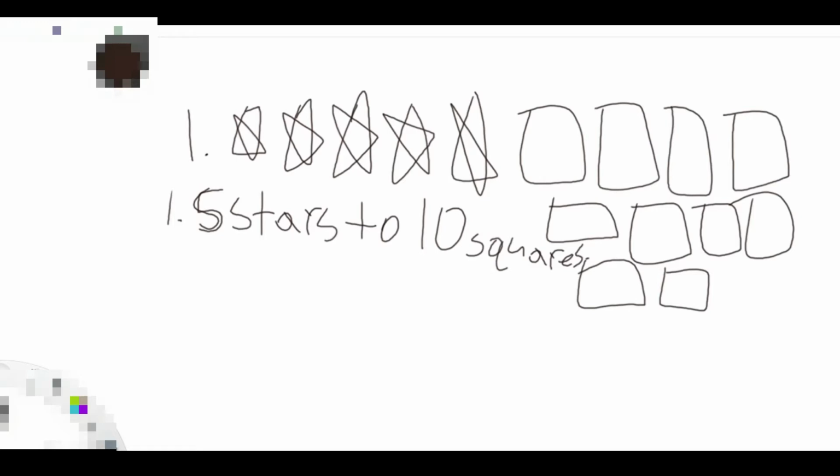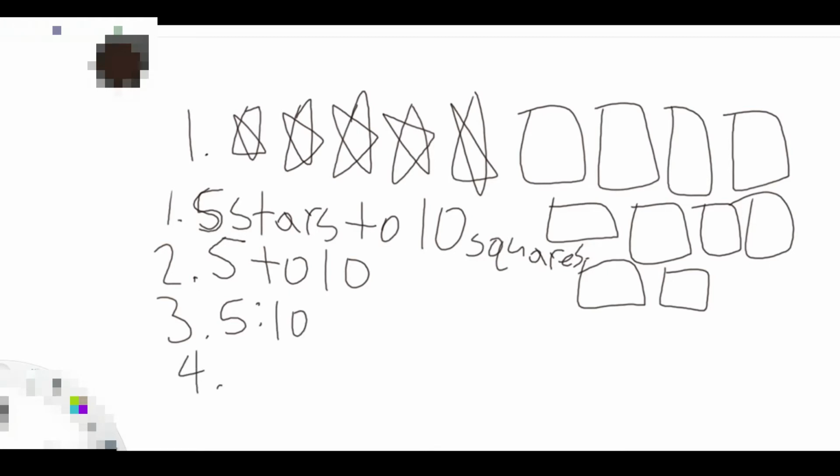Then the second way, you could also just write 5 to 10. The third way is 5 colon 10. The fourth way is writing it as a fraction, 5 over 10. And since it's a fraction, you could obviously simplify.